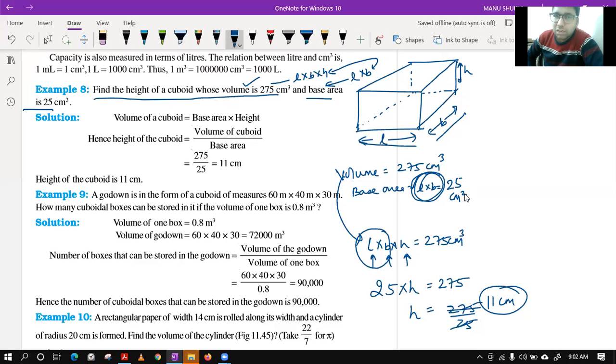If someone says find the value of L or H, can you find that right now in the given question? Please tell. Is it possible to find the exact value of L and B in the given question?